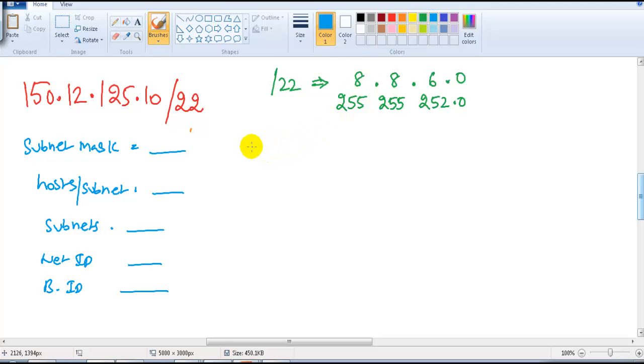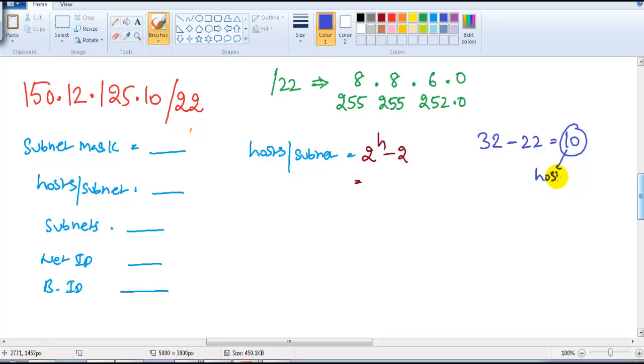Then to find how many hosts per subnet, the formula we know is 2 to the power of h minus 2. Minus 2 is for the network ID and the broadcast ID. To find the h value, from 32 I subtract 22 and get 10. These are my host bits, total bits minus network bits.